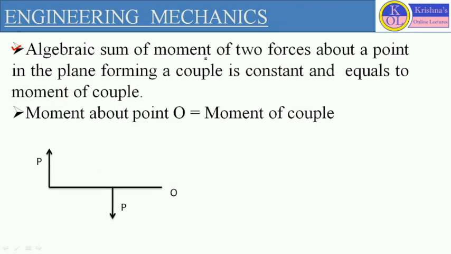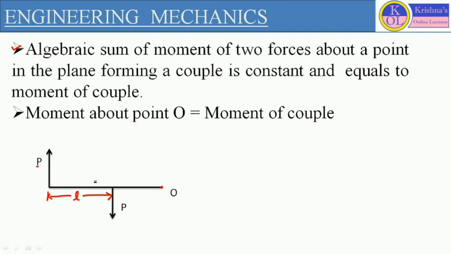Now the algebraic sum of moments of these two forces, here you can see the diagram. We consider this force P rotating about point O, and this force P in the opposite direction also rotating about point O, and there is a distance between these two forces.